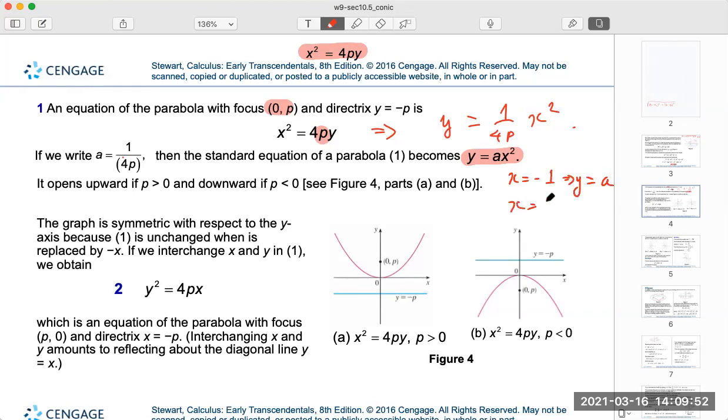If x is positive 1, then y will also be a. It means that this is symmetric with respect to the y-axis. No matter whether x is positive or negative, it gives us the same result, it is symmetric about that axis. Okay.